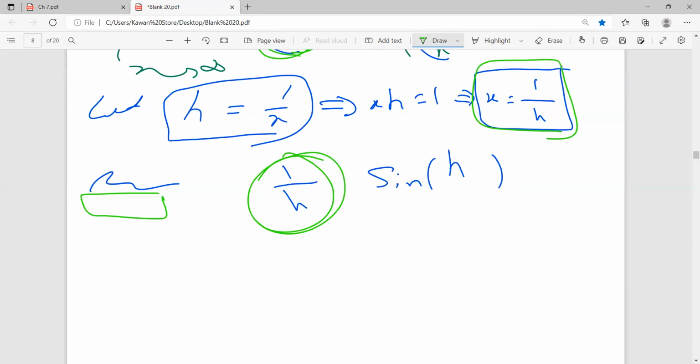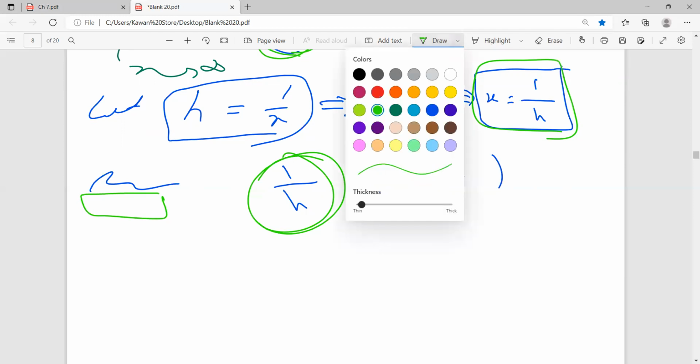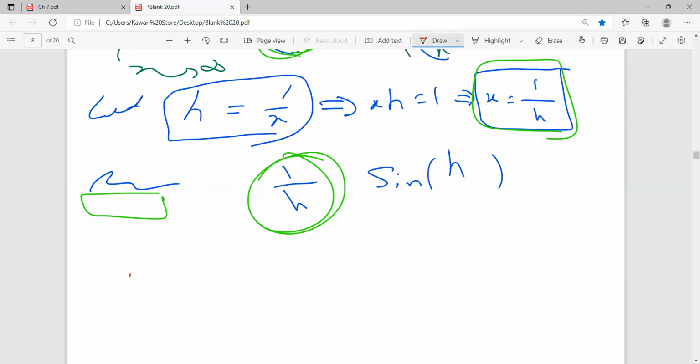Now we have a limit here. Here's a problem: how do I change that one? Before, we said x approaches infinity. Now x is equal to 1 over h, or you can say h equals 1 over x.